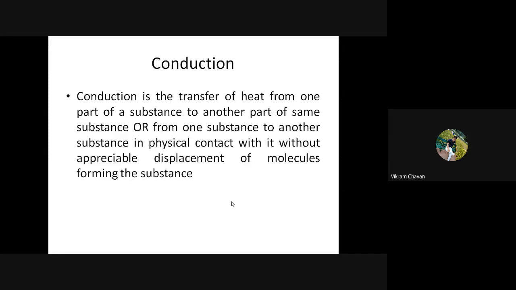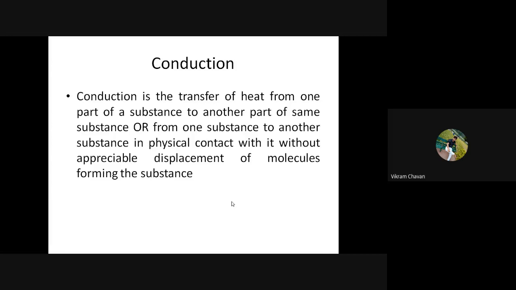Conduction is the transfer of heat from one part of a substance to another part, or from one substance to another substance, which are in physical contact, and it happens without appreciable displacement of molecules.